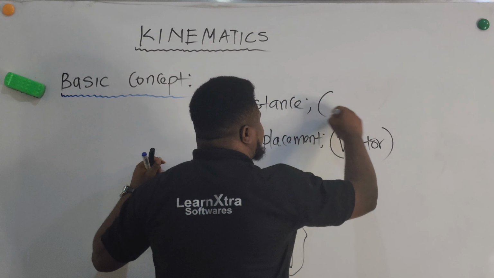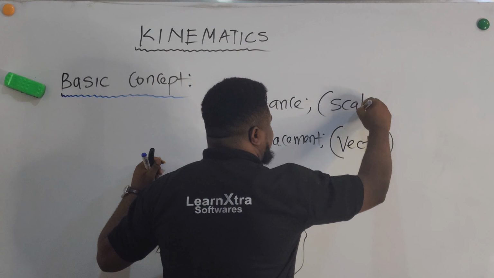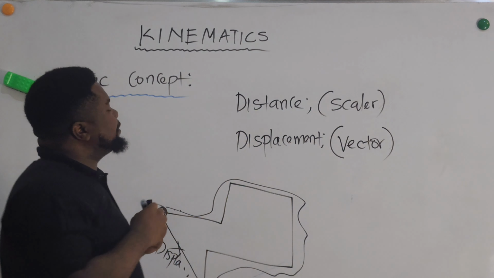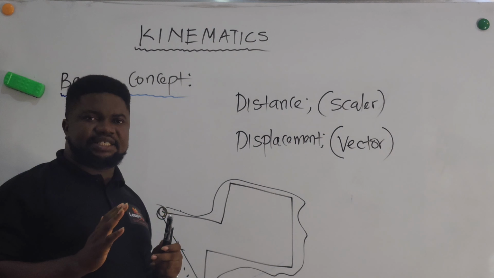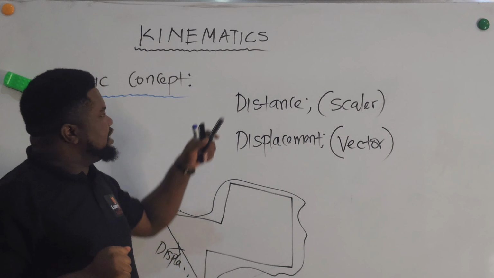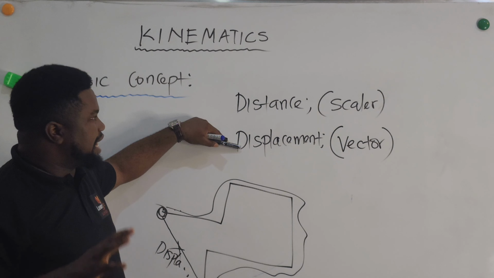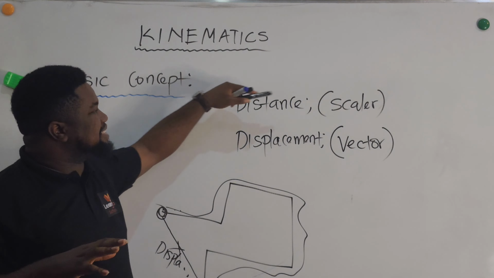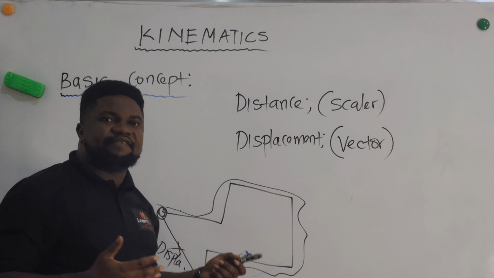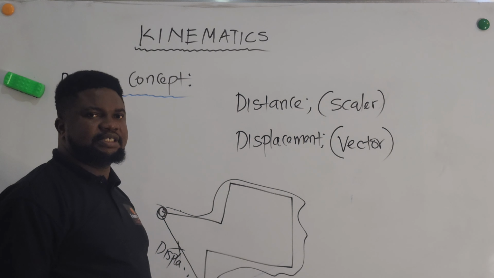That means distance is a scalar. So the clear difference between distance and displacement is that distance is a scalar and displacement is a vector quantity.